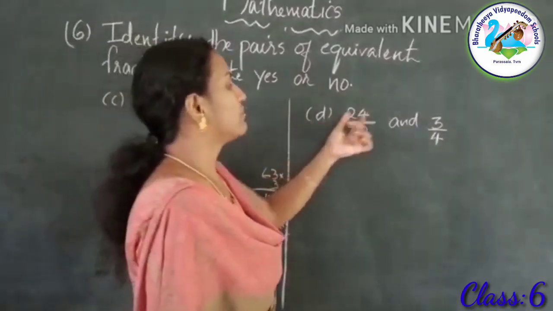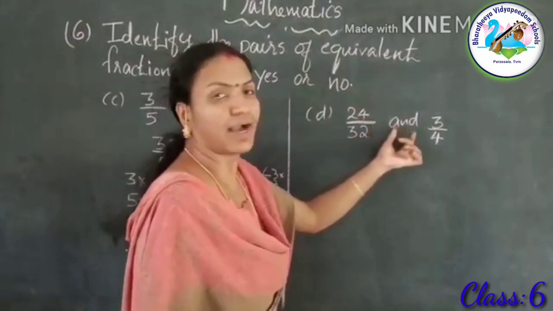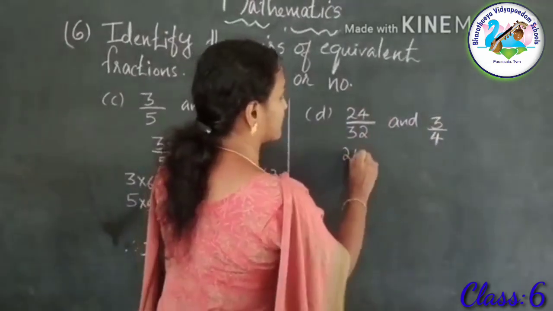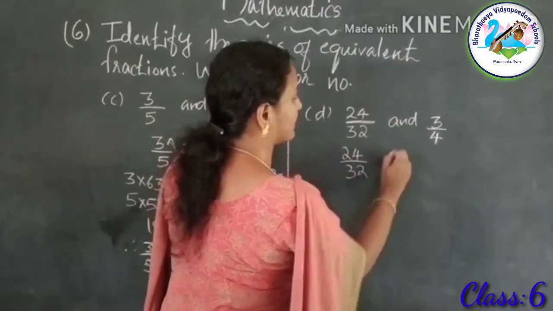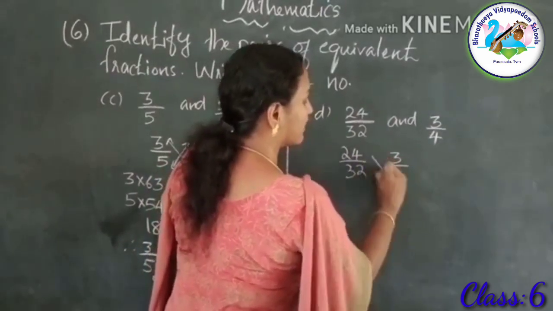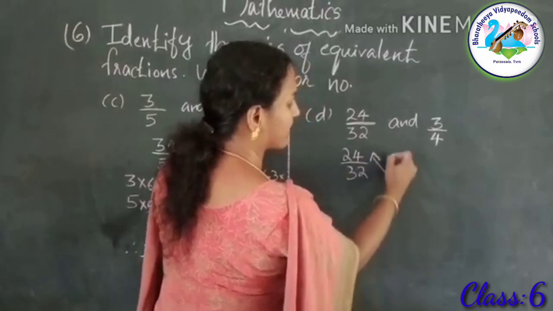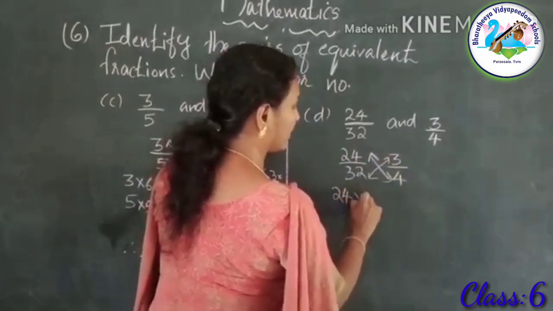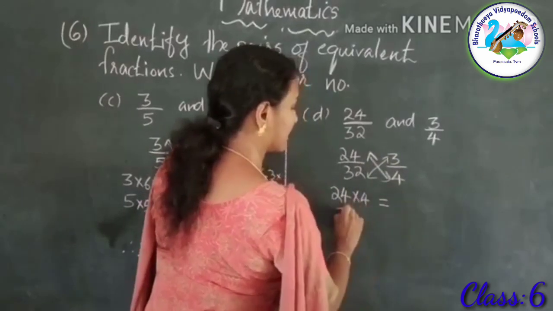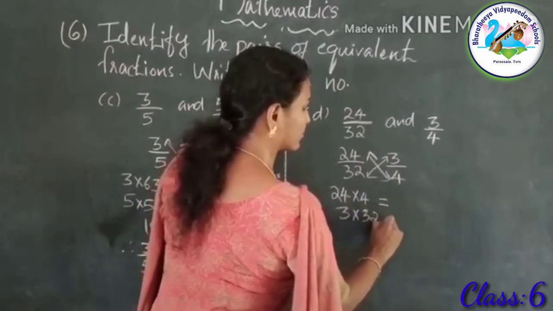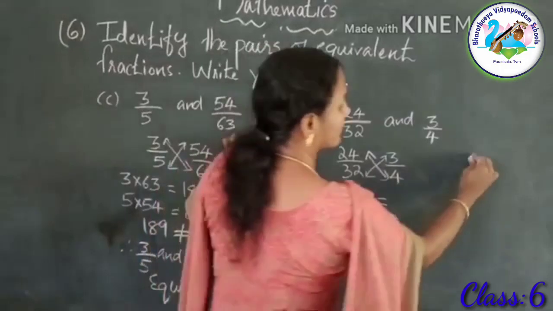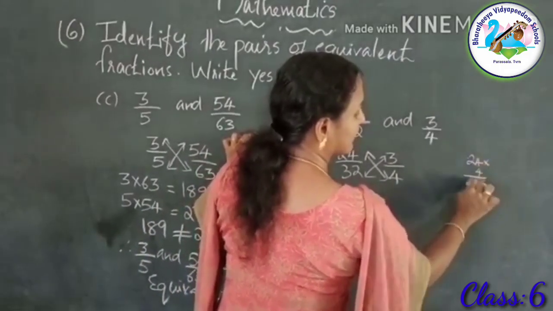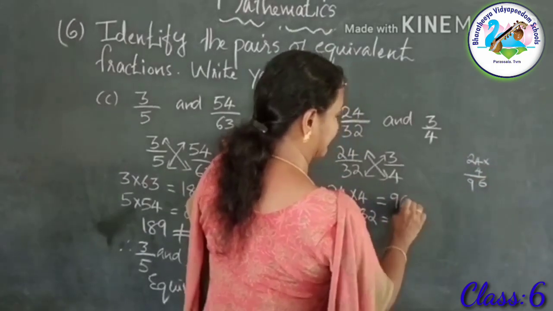Then option D, 24 by 32 and 3 by 4. First, by applying cross multiplication, 24 into 4, then 3 into 32. 24 into 4, balance 1, 9, so 96.